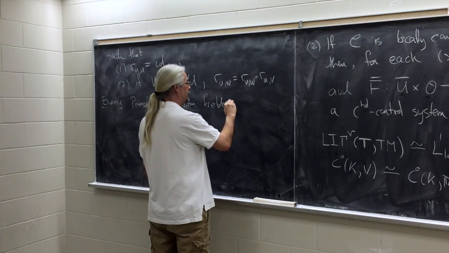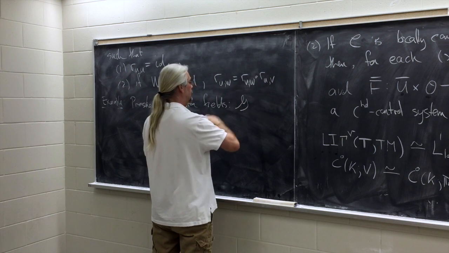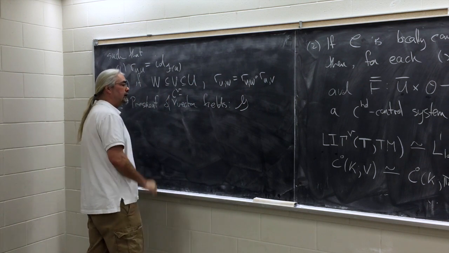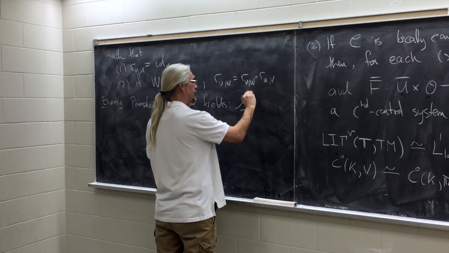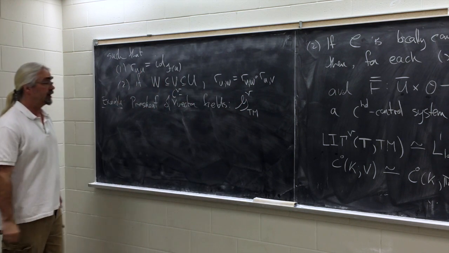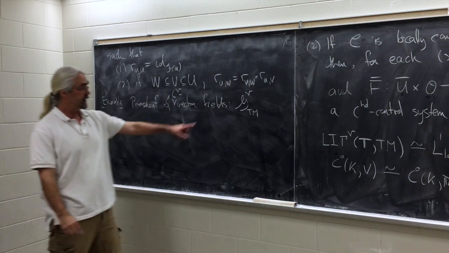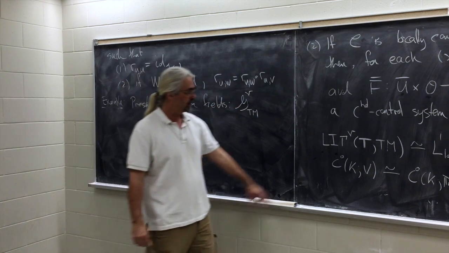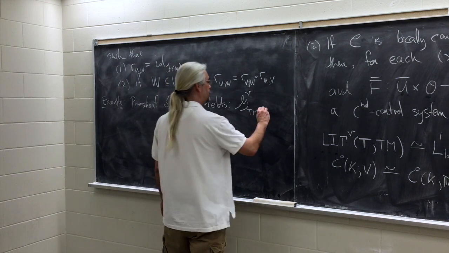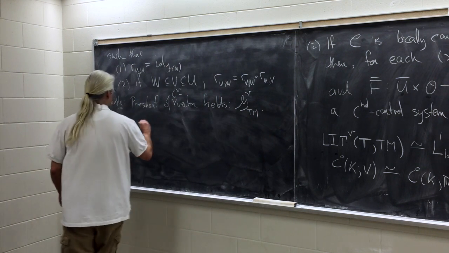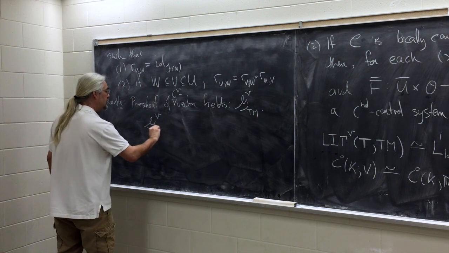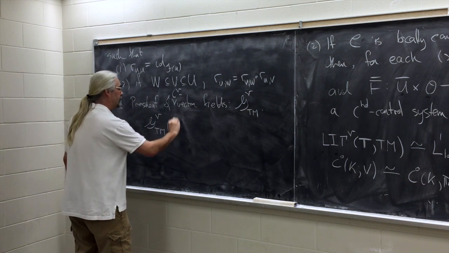I'll call this G, and these will be C^ν vector fields. We're going to maintain this regularity. The notation I'll use is a script G, which mirrors that gamma there, G^ν_TM.